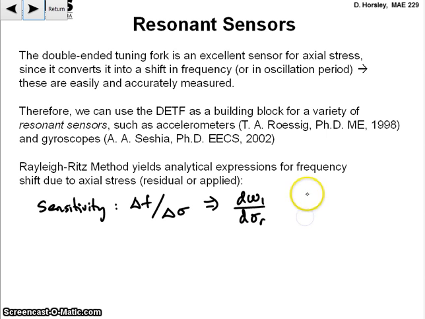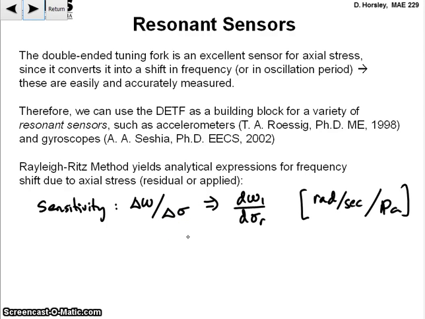This will end up being radians per second per Pascal of stress. I'll write it like this here, delta omega over sigma. We'd like to have a large change in frequency for a given input stress change.